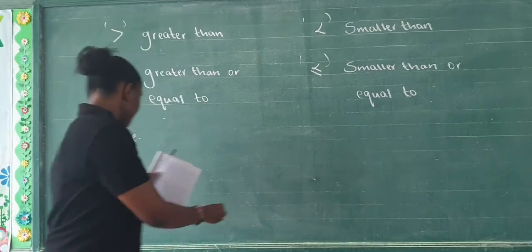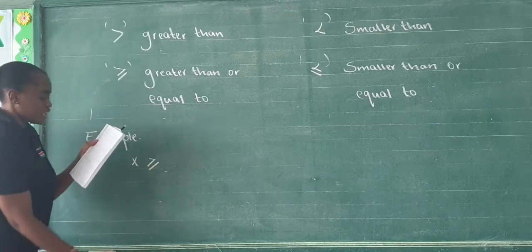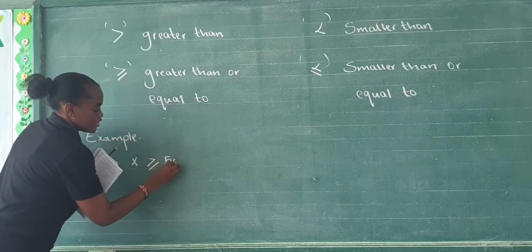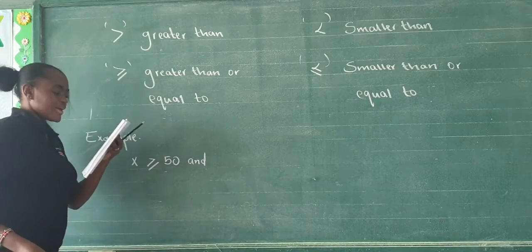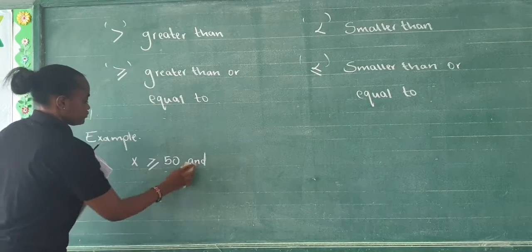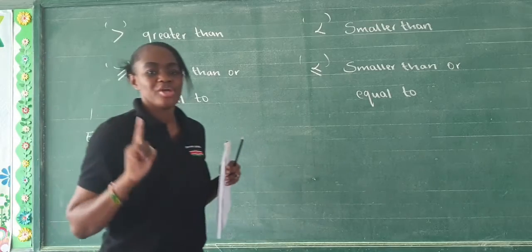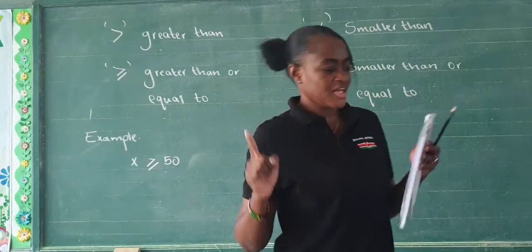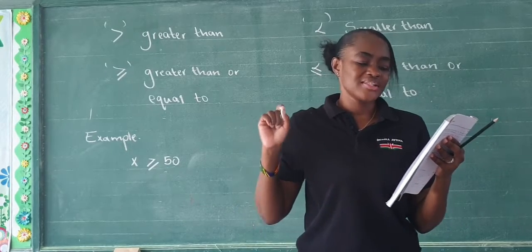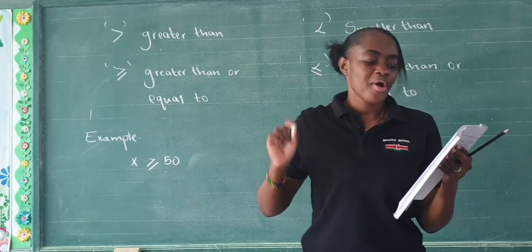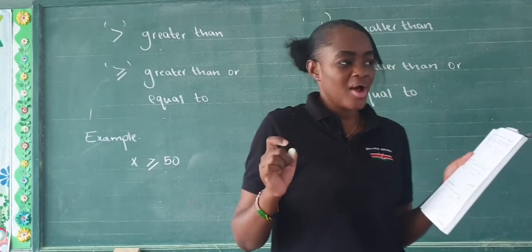Given x is greater than or equal to 50 and x is the number of students who attended a seminar. Write a relationship that represents the inequality.